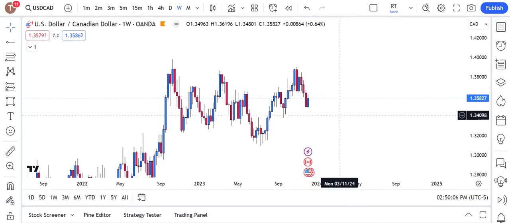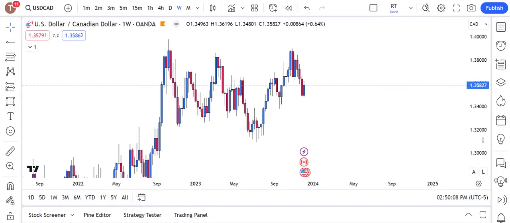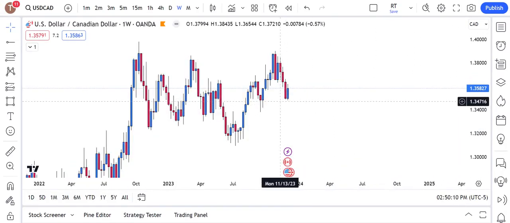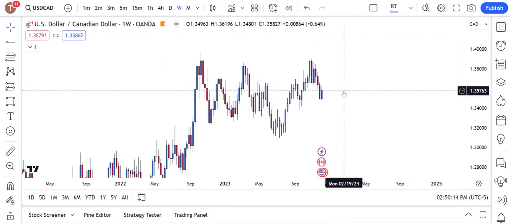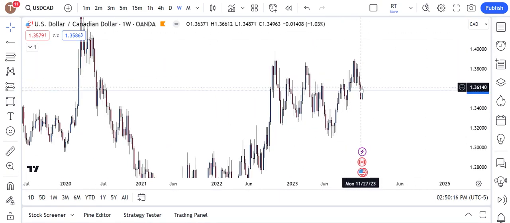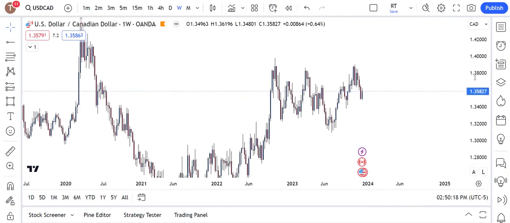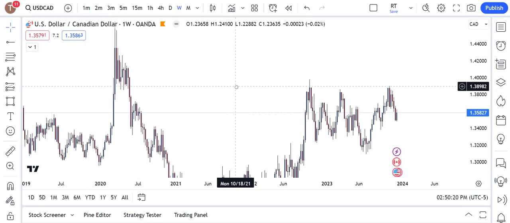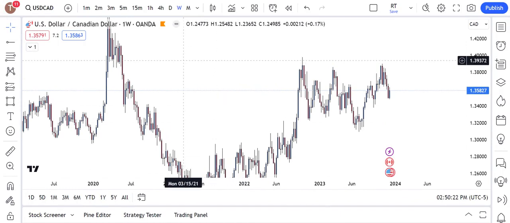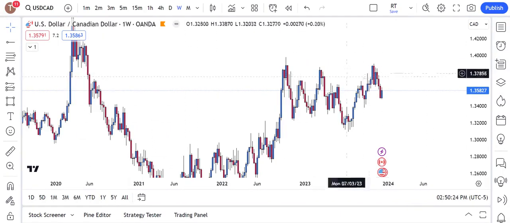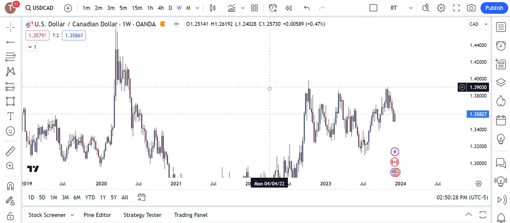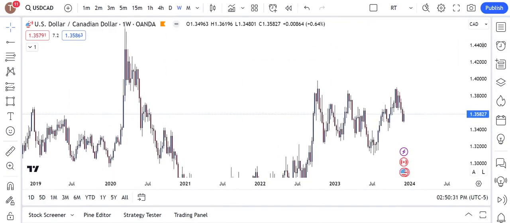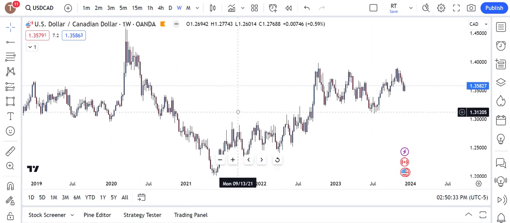All right. So the first thing I look at when I am identifying targets and bias is I'm looking on this weekly time frame to see where price has been, where it is now, and where it would like to potentially go. Because, of course, we don't predict the markets, we just react to the market. So, looking at this higher time frame, I see that price is looking to be in a downtrend.